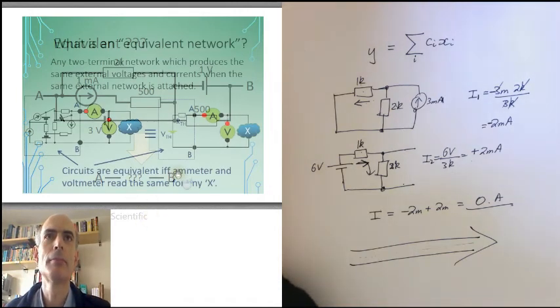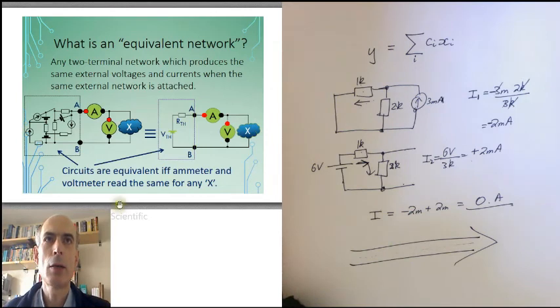In other words, can we find a much simpler network, for example, just a voltage source and a resistor in series, which will always give you the same voltage and the same current when anything is connected to the terminals A and B?